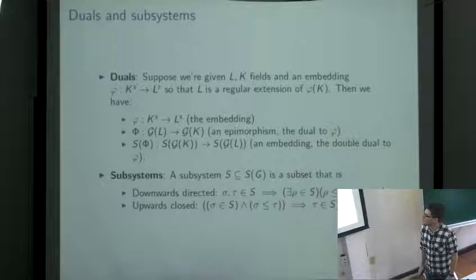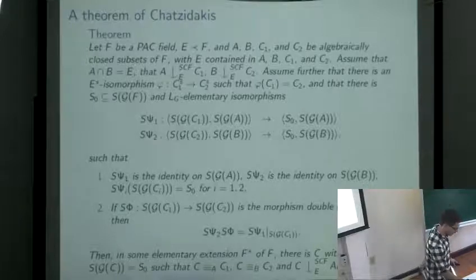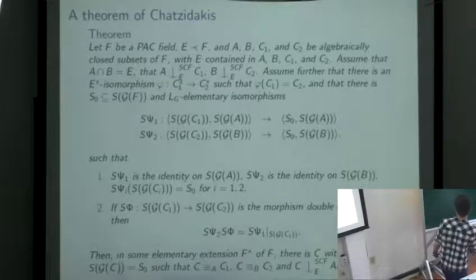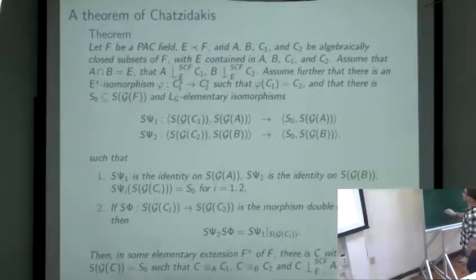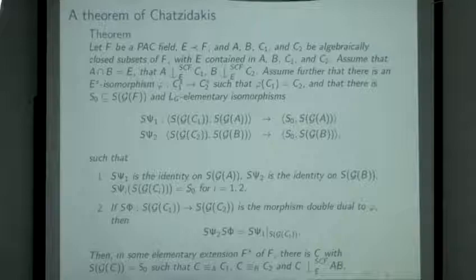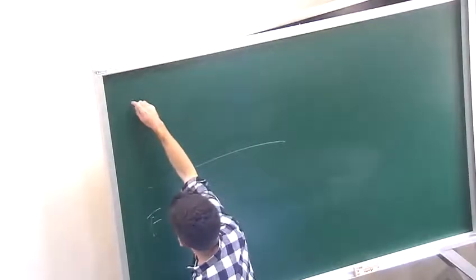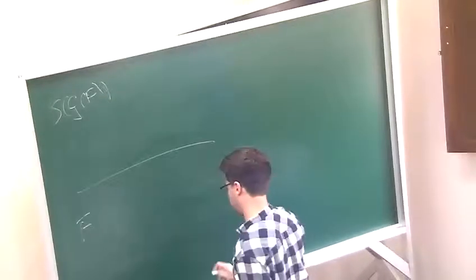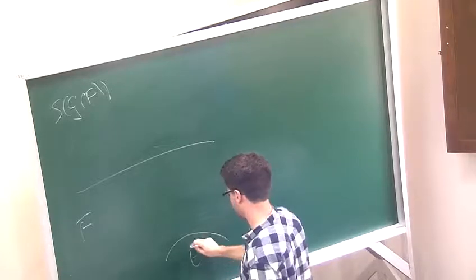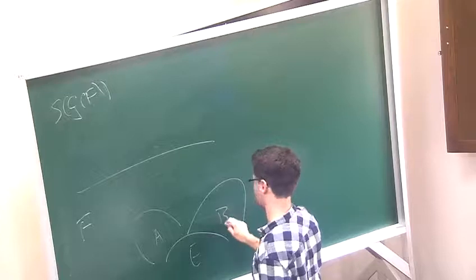Okay. So let me tell you about this theorem, which I'm very enthusiastic about, and it's a monster. I'm going to draw a picture, and then everything will be clear, I promise. Here's a field F, and here's S of G of F, and we suppose that we have an instance of the hypotheses of the independence theorem in the field.